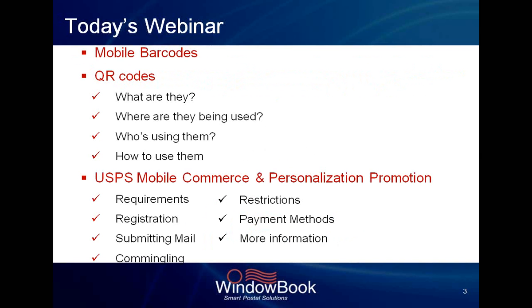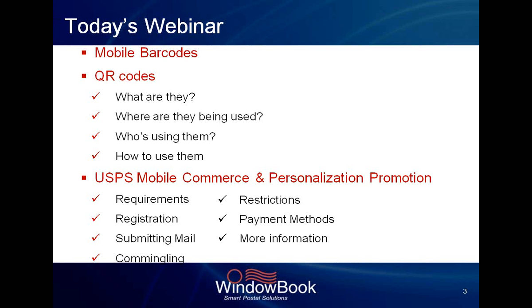Now, let's begin. What are we going to talk about today? Well, we're going to talk about mobile barcodes. Specifically, we're going to look at QR codes. Then, what they are, how they're being used, who's using them. Then we're going to talk about the 2012 Mobile Commerce and Personalization Promotion.